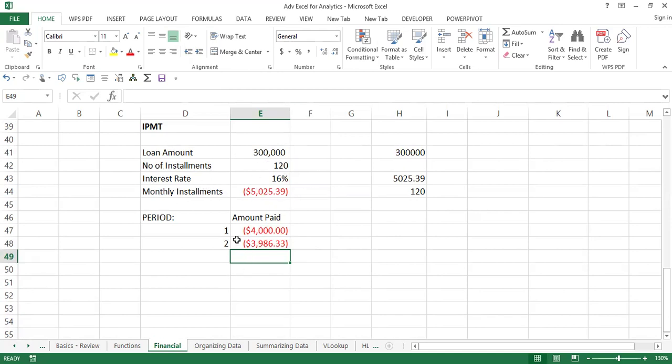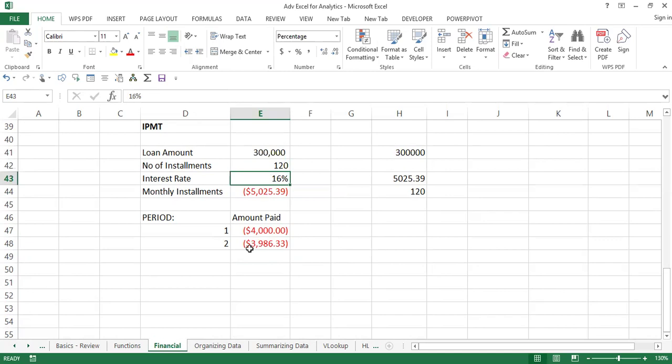So the IPMT will also be based on monthly. What determines whether it's monthly or not is your period here. If this is monthly payments, then you are going to divide this by 12. If this is annual payment, you don't divide rate by 12.